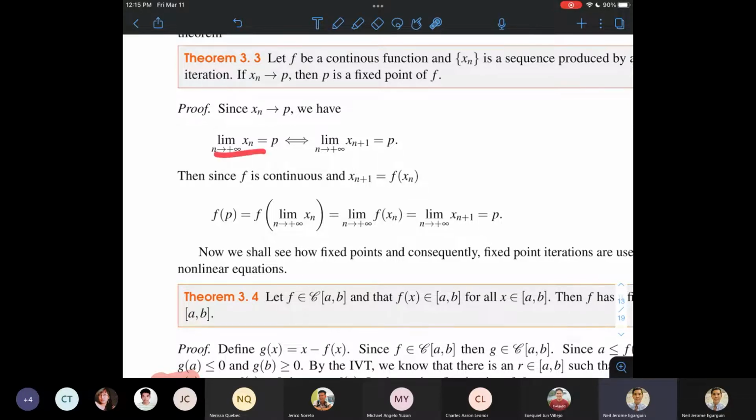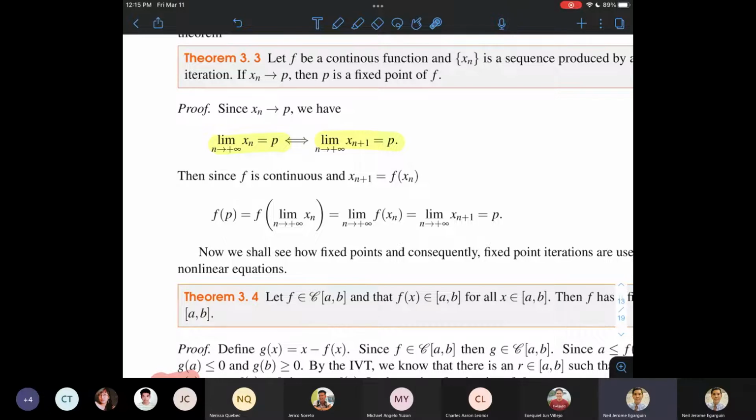Tapos in the long run, habang lumalaki si n, papalapit ako ng papalapit kay p. Pero dito, habang palaki ng palaki si n plus 1, palaki pa rin ng palaki. So you can think of it as x sub infinity pa rin, and it will converge to p as well. All right. So these are two ways of interpreting the convergence of x sub n to the number p.